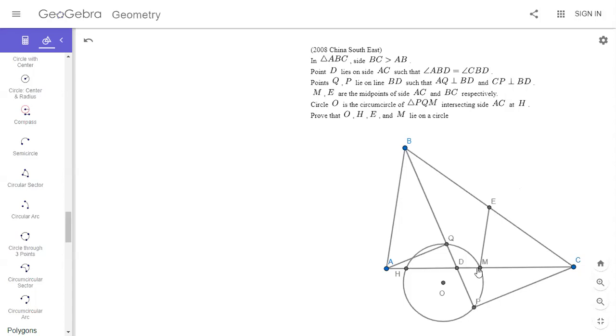Maybe we can project through M. Is BQMC cyclic? No. Let's see.